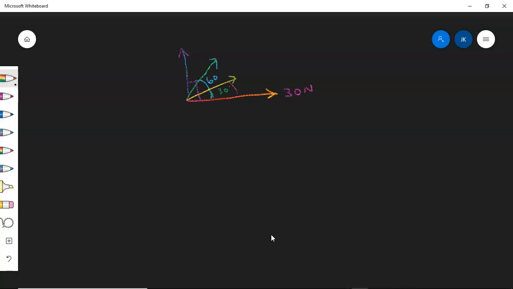When it is 30 degree, it becomes 29 Newton, and 60 degree it becomes 26 Newton, and 90 degree it becomes 22 Newton. The final answer at 180 was 10 Newton. So as theta increases, the resultant vector decreases. Hope you understand. Thank you.